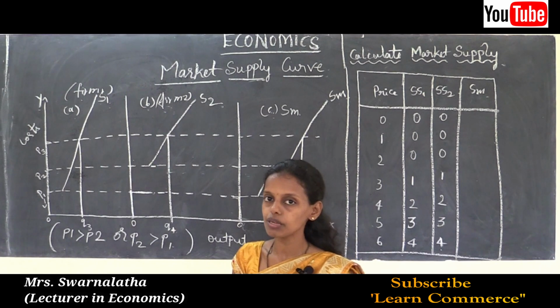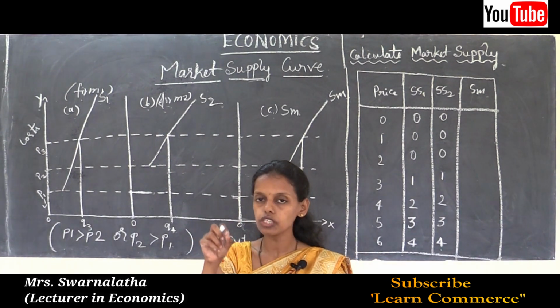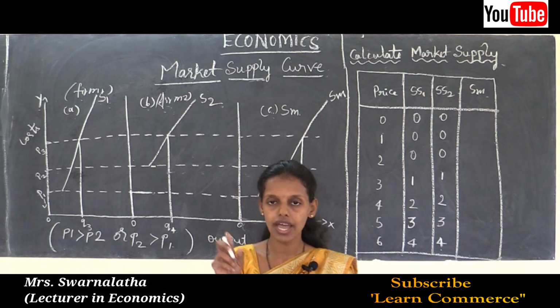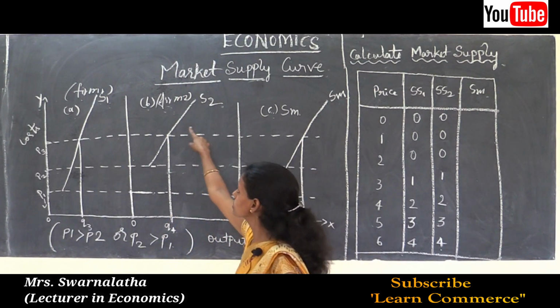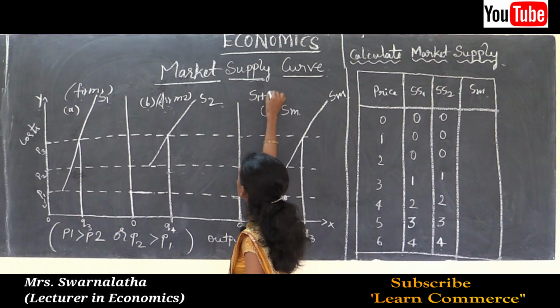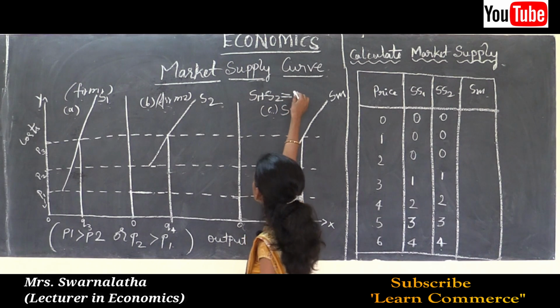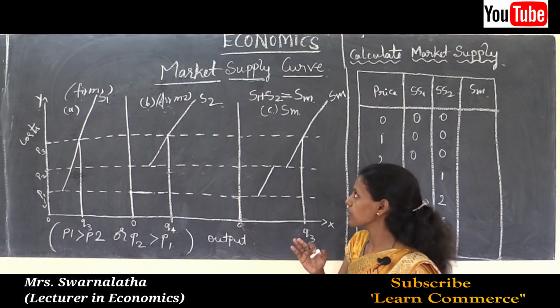Market supply is the horizontal summation of the supply curve of firm 1 plus the supply curve of firm 2, that is, S1 plus S2 is equal to SM. SM means market supply.